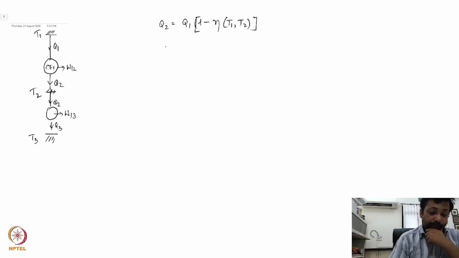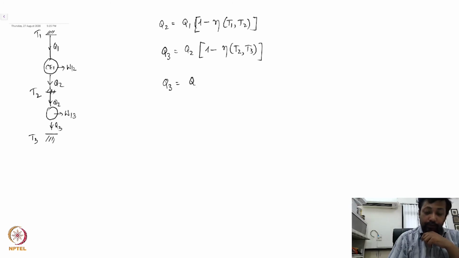So this temperature is T3, this is T2, this is T1, and I saw that Q2 is Q1 times 1 minus eta T1, T2. Similarly, for the engine which operates between T2 and T3, Q3 must be equal to Q2 times 1 minus eta T2, T3. So Q3 is equal to Q1, substituting for Q2 from the above equation, times 1 minus eta T1,T2 times 1 minus eta T2,T3.